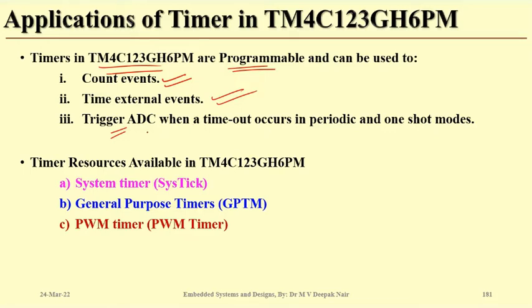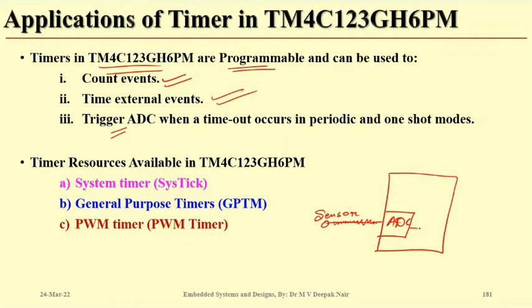So you can say, for example, we have a microcontroller and we have a sensor connected here. Now the sensor is reading some analog values, and it is converting the analog value to a digital value. So definitely this sensor will use an ADC.